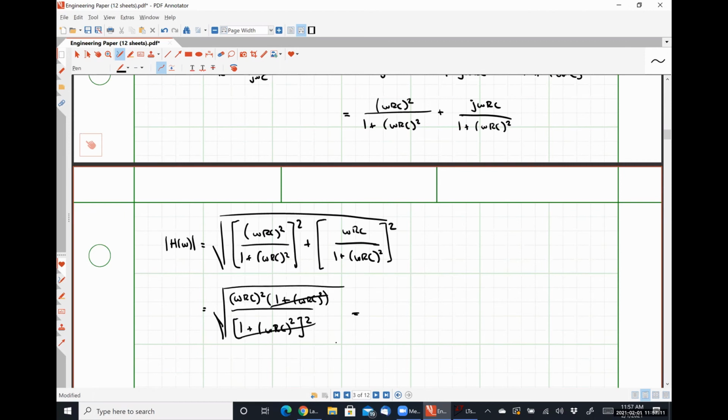This guy cancels this guy, and we get omega RC divided by the square root of 1 plus (omega RC) squared.